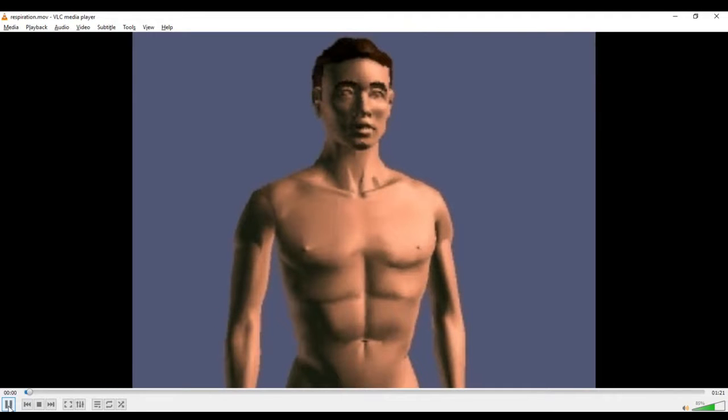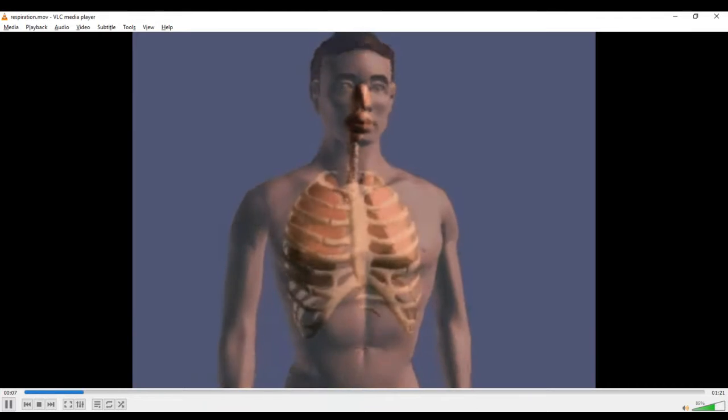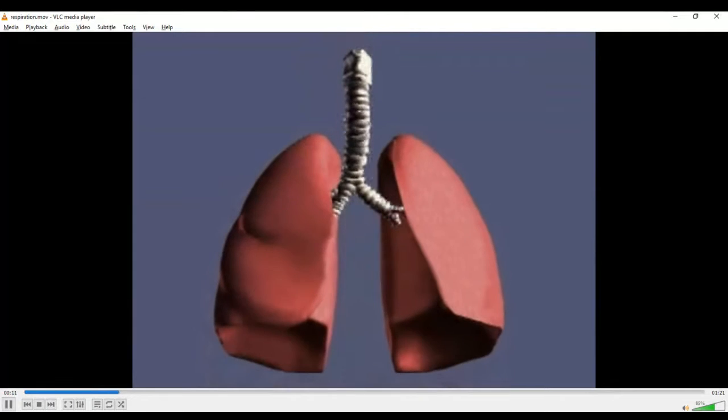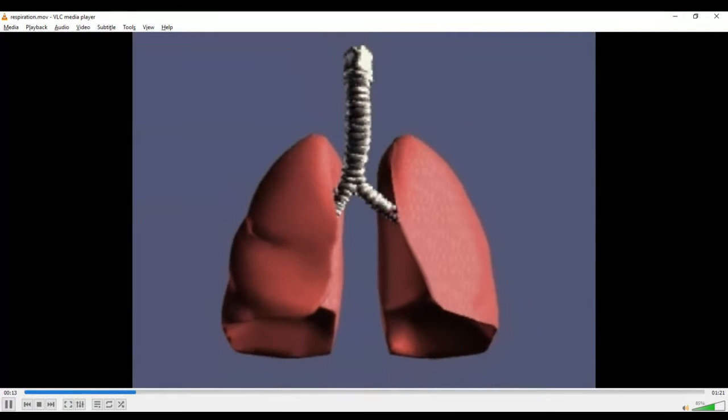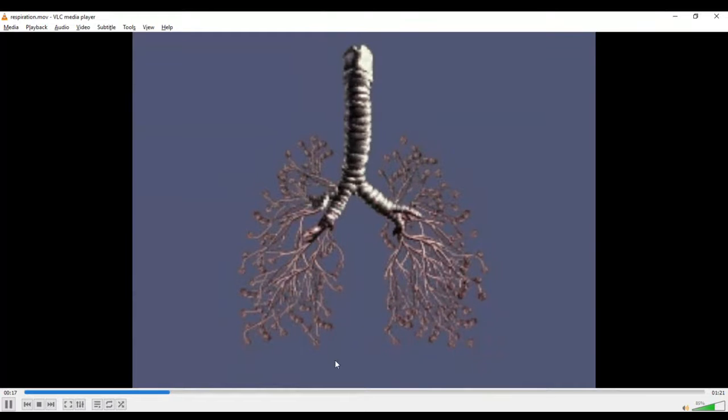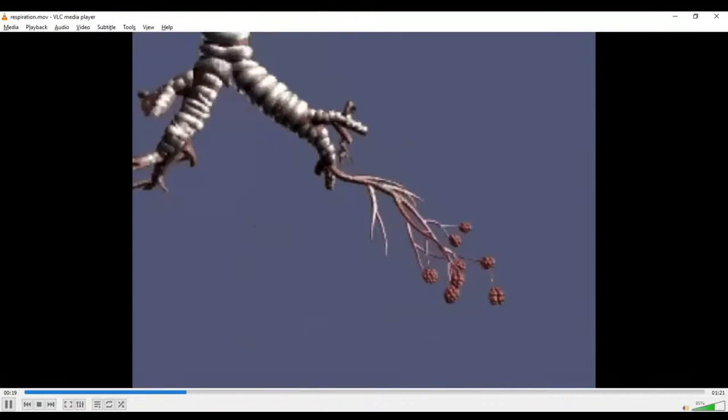Okay, so what you're seeing here is someone breathing. You can see the chest expanding and recoiling, right? And that's what's occurring: the thoracic cavity is expanding and recoiling. And so here you have your respiratory tree.